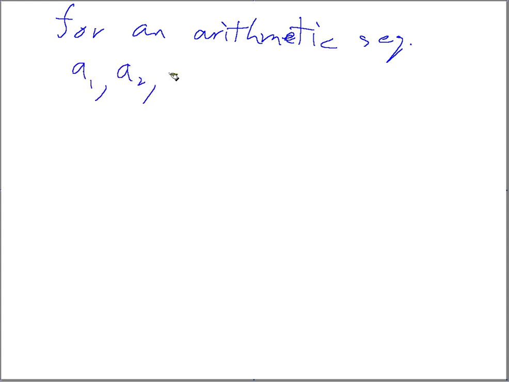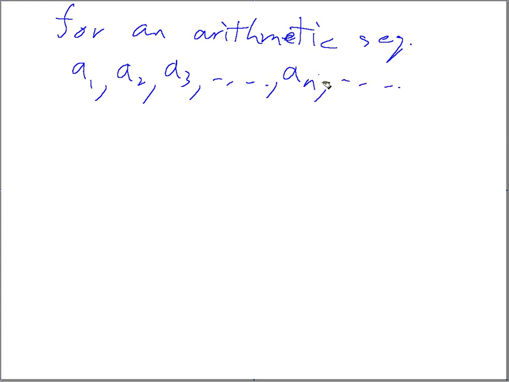So for an arithmetic sequence, let's call the sequence a1, the first term, a2, the second term, a3, the third term. We've seen that already previously. Let's say what is the nth term?